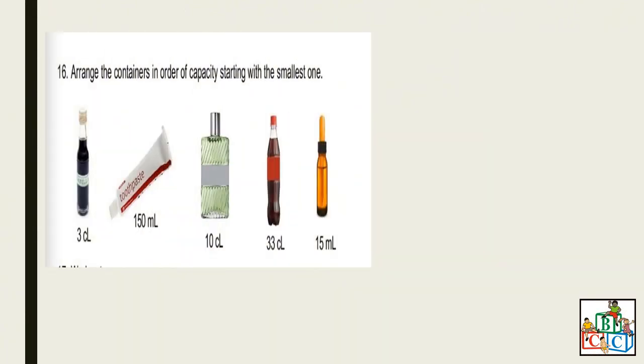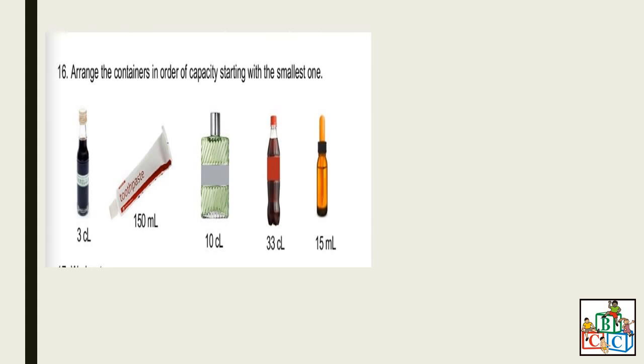I am going to explain to you in detail number 16 on page 114: arrange the containers in order of capacity starting with the smallest one. So here you have a bottle 3 centiliters, toothpaste 150 milliliters, a bottle 10 centiliters, 33 centiliters and 15 milliliters.